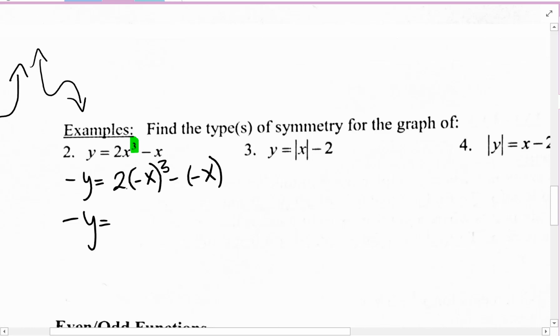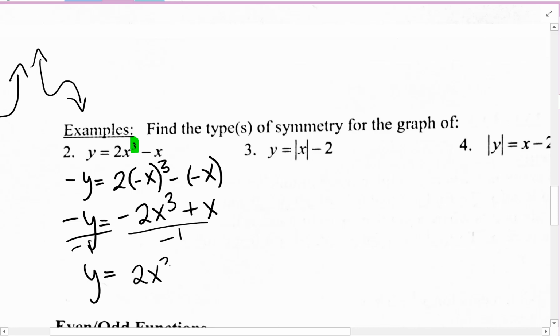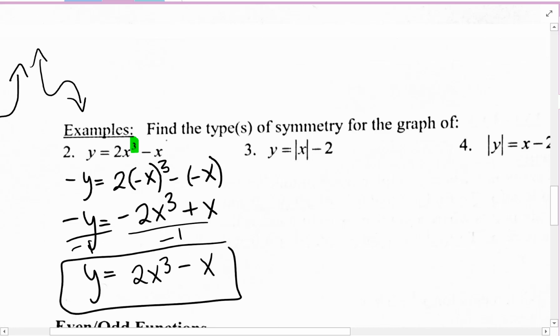Reduce from there: negative x cubed does produce a negative result, so that would be negative 2x cubed, minus negative x is plus x. We don't want it to be negative y, so we're going to divide by negative 1 on both sides. Y is equal to 2x cubed minus x. This, in fact, is the same equation we started with. So this graph does have origin symmetry.